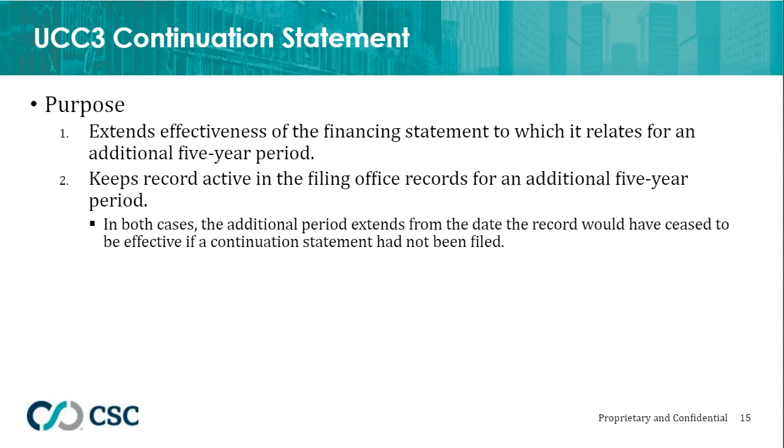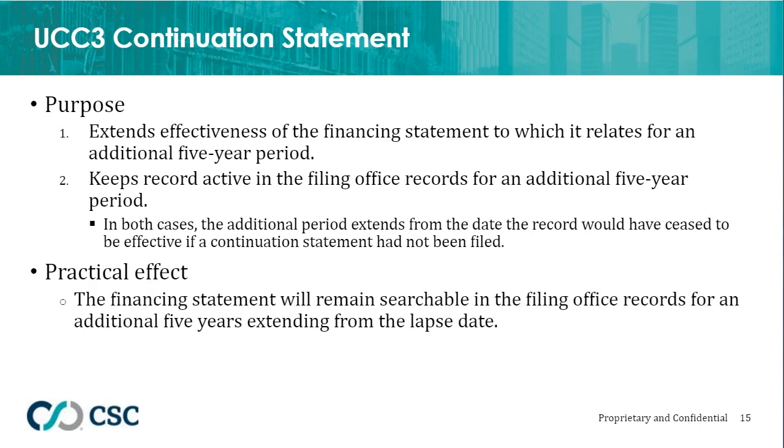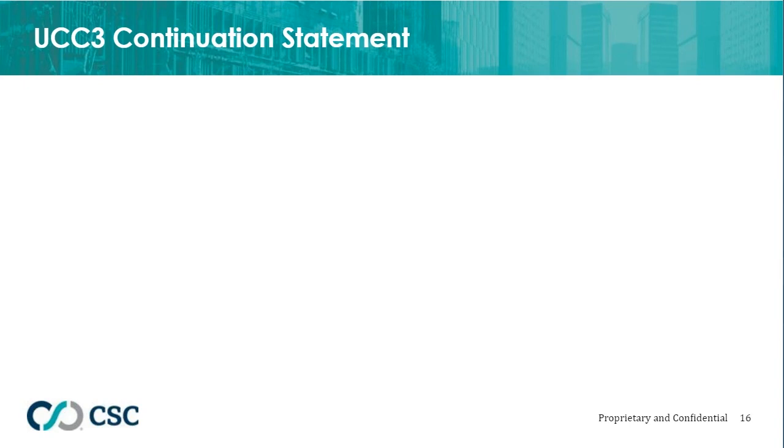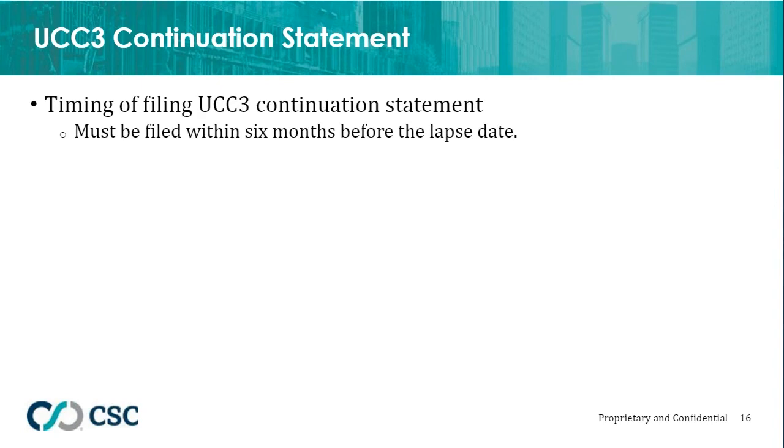So when a fully effective continuation statement is filed in compliance with the statute, the financing statement to which it relates will remain searchable for another 5-year period, and it will remain effective for that additional 5-year period. Some things to be aware of when it comes to a continuation statement.